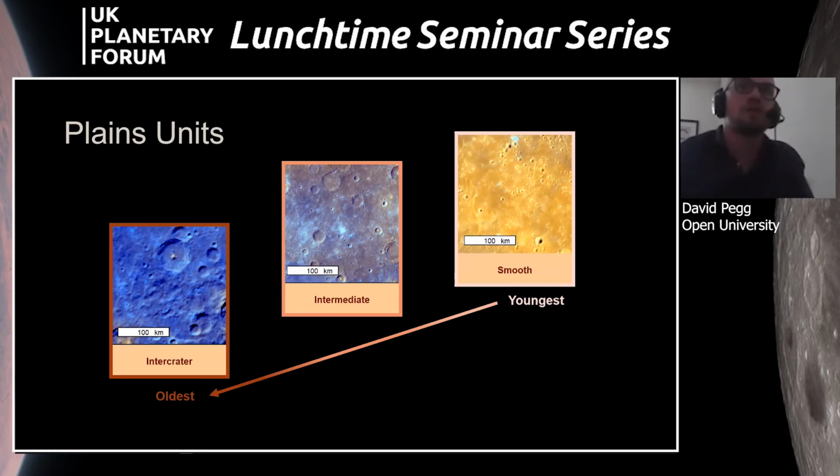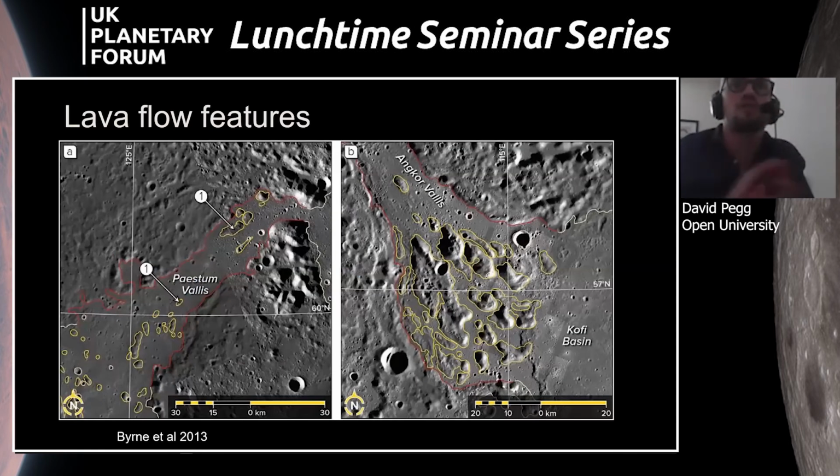And luckily, we can look at the smooth plains to the north of the planet and pick out features that give us some ideas. Or you can just read the title of this slide, it also gives it away. But you can see that there are these estuaries that have been picked out by Paul Byrne. And while it's not caused by water, what you have is deltas and things like that that are generated, and islands, as lavas have flowed through and around rocks and eroded them away and then deposited them in places like these basins.